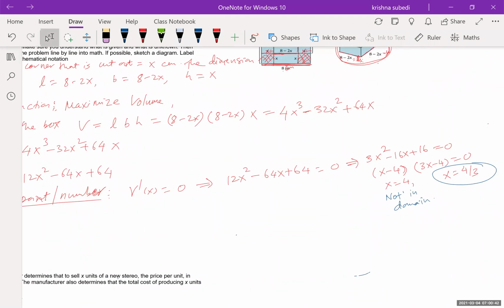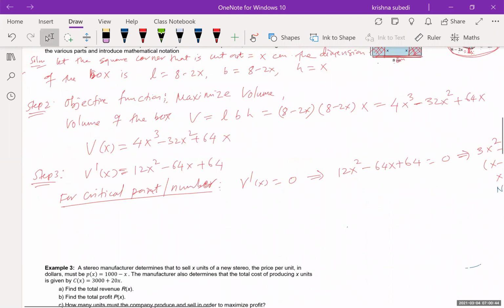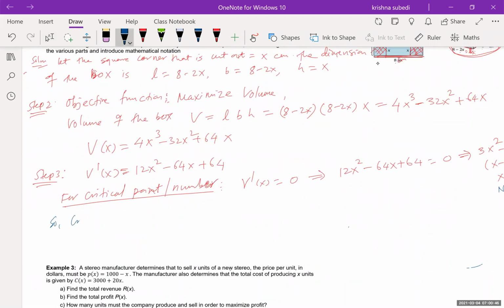Now we know the critical number. So the critical point is x equals 4 over 3. We know the critical point, but we don't know whether it is maximum or minimum. All we need to do is now to test for maxima or minima.